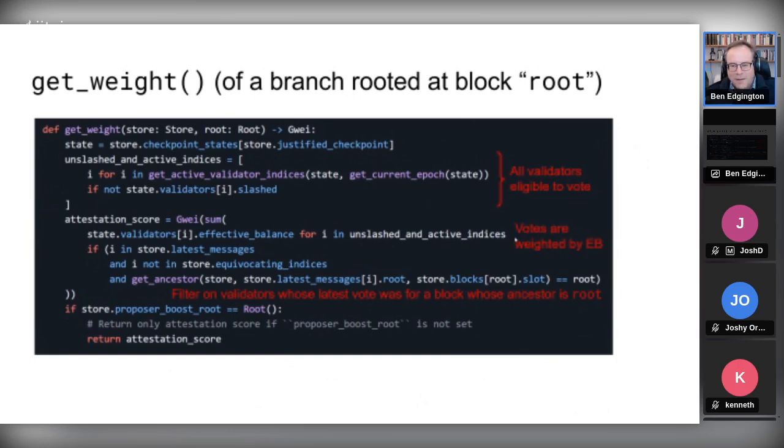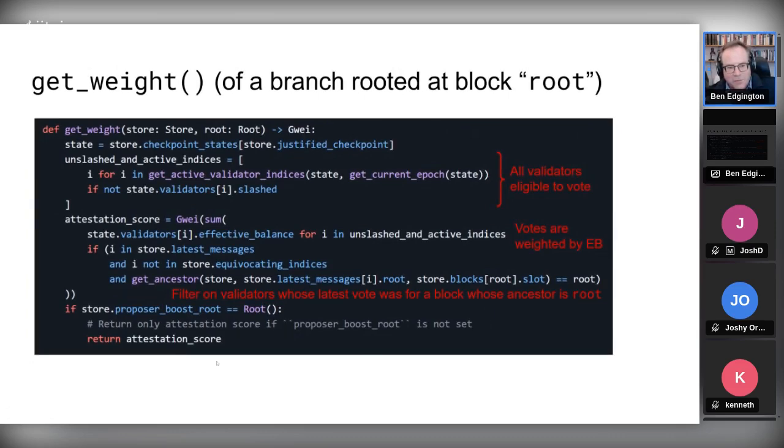So votes are weighted by the effective balance of the validator, as long as they are unslashed and active, but only if the vote is for a block that descends from the root of the chain. So when we're at the genesis, then the weight is every block in the tree, and as we go along the branches, then it's just the weight of the subtree. So it's the weight of all the blocks for which the particular block is the ancestor, and then we return that.